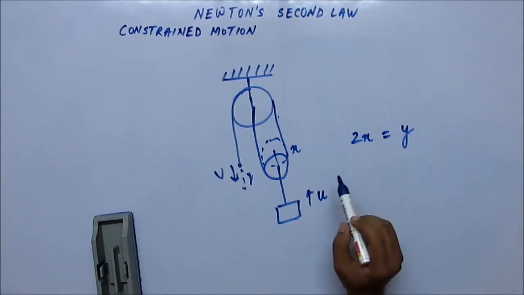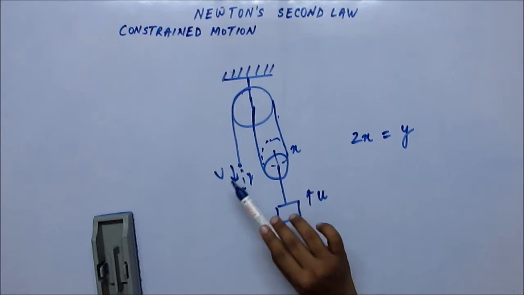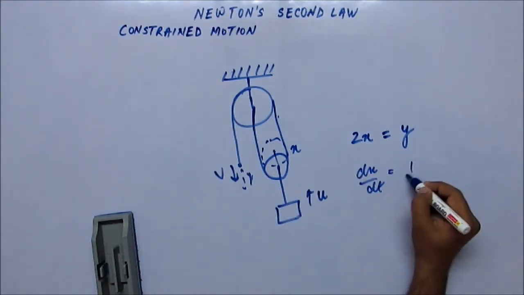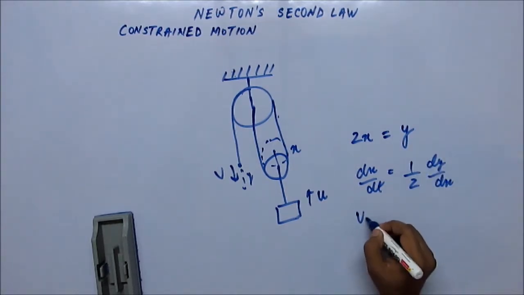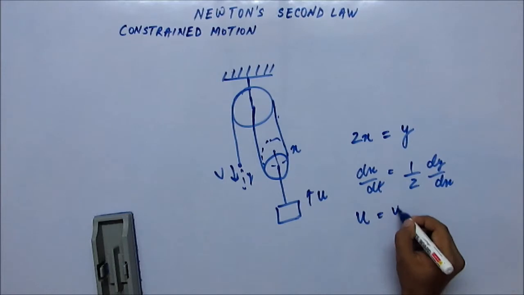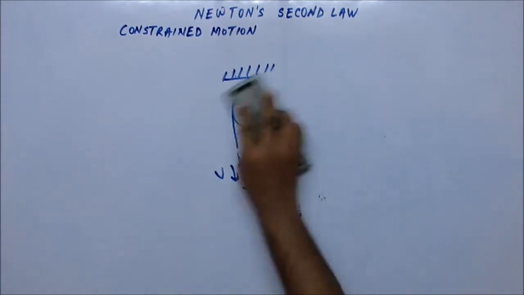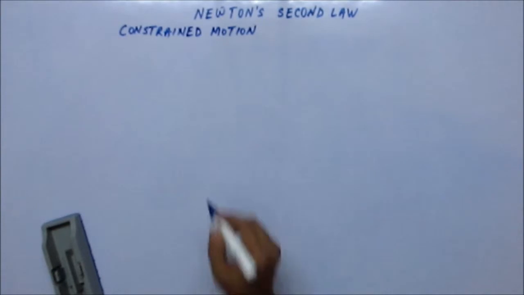And from here you can see that dx upon dt will be equal to half dy upon dt. So the velocity of the pulley, which is u, will be v upon 2. Okay, let's increase the level of complexity.